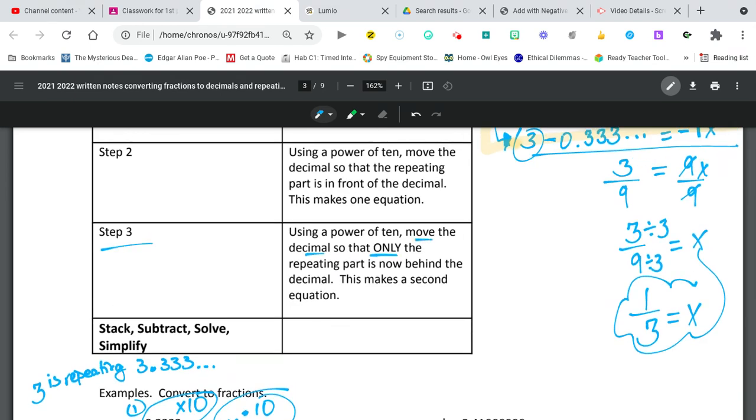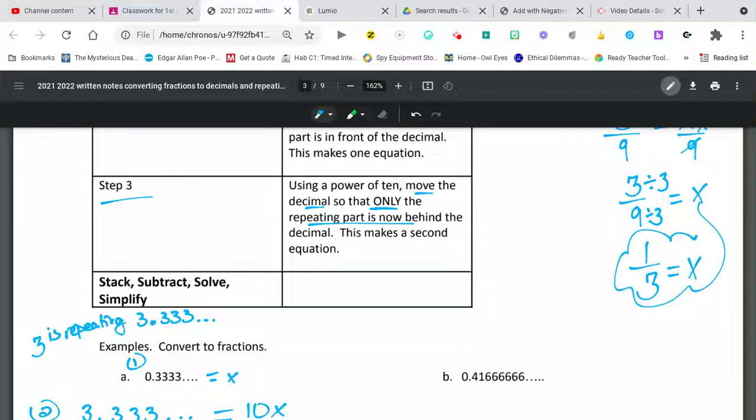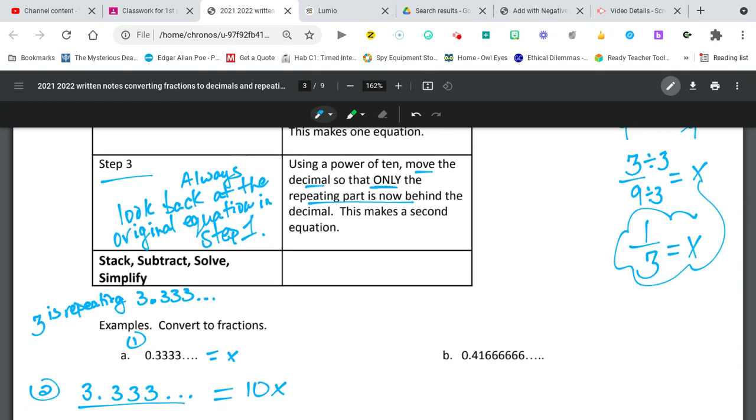Then I move on to step 3. Move the decimal so that only the repeating part is now behind the decimal. Well, if you look at the original equation, and you always go back and look at the original, you may want to put that little note: always look back at the original equation, which is going to be your step 1, to decide if it's only the repeating part behind it already, or if you need to move something.